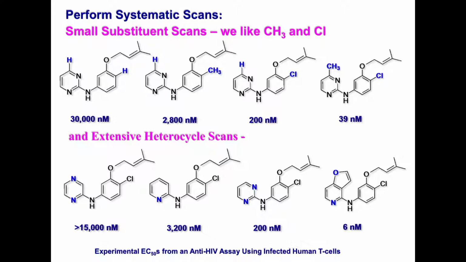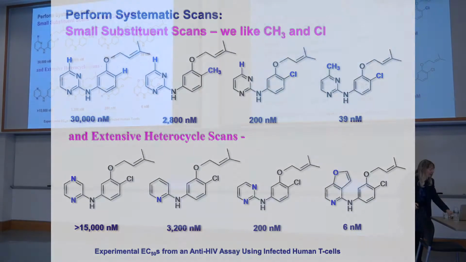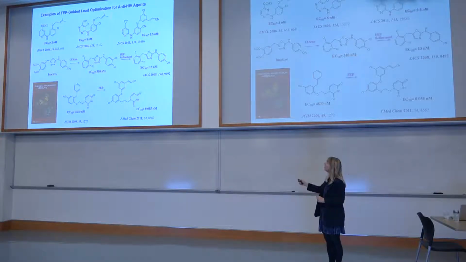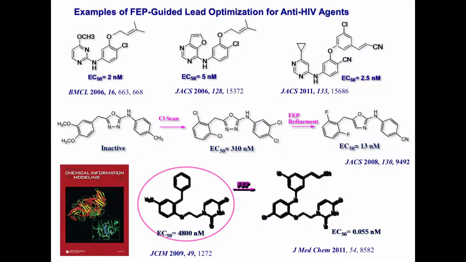So this is sort of the strategy, and we've used this over the last several years to guide and make a number of compounds, but what I'd like to focus the attention on is this very recent example where we've taken this diphenyl methane type scaffold with the terminal uracil, and we've developed these very potent picomolar compounds. So they're very potent, and in this particular case, we've been able to significantly improve that potency.